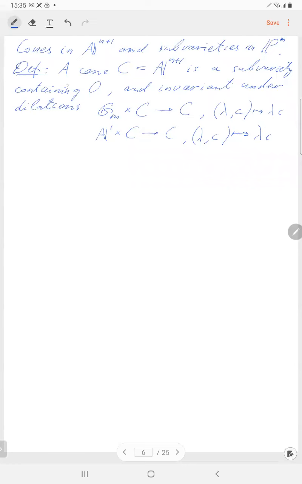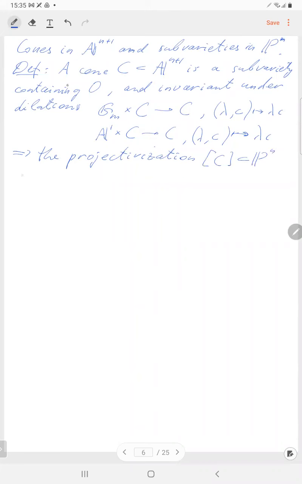Okay, now if you recall that the projective space is the space of lines, you see that the cone is somehow made out of lines, and hence it defines some subset in the projective space. Its projectivization, like this in Pn.